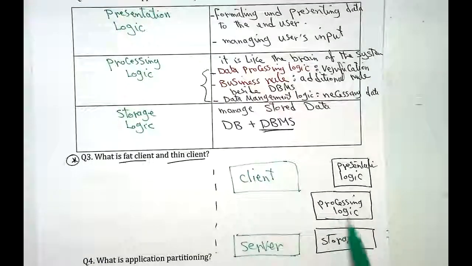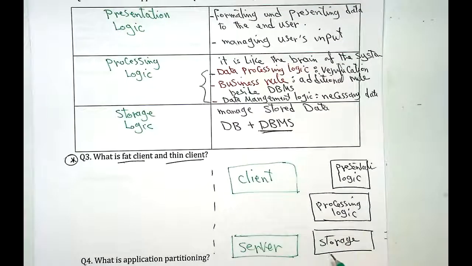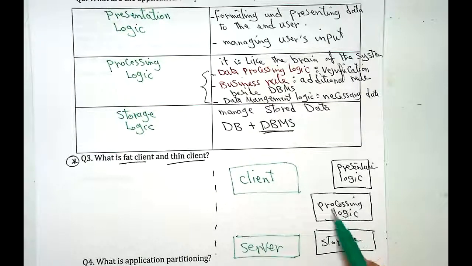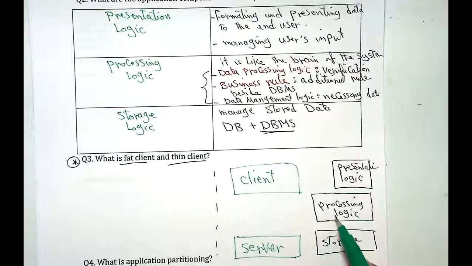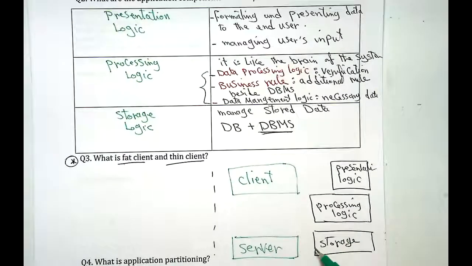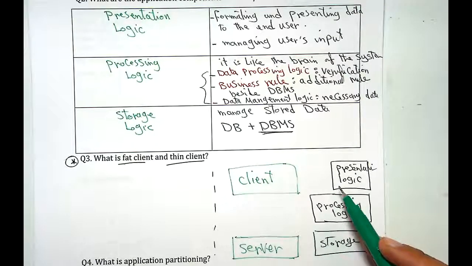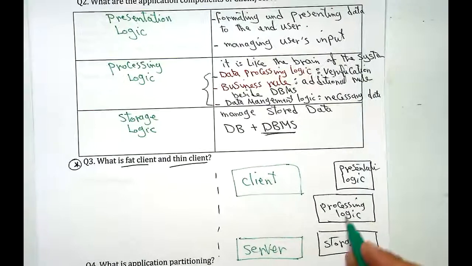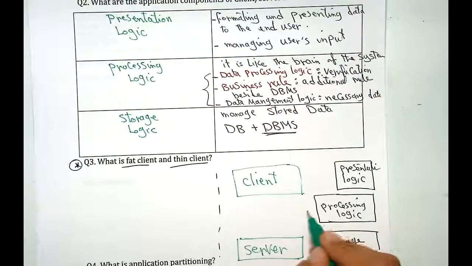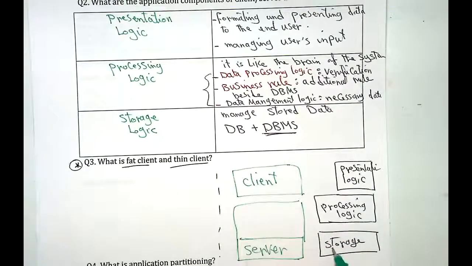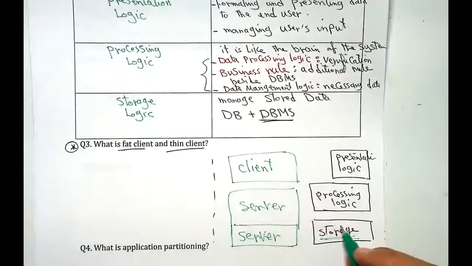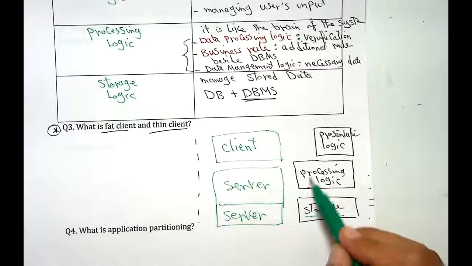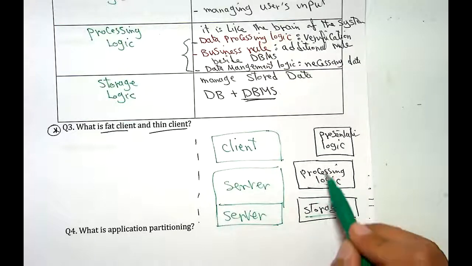What about processing logic? The decision maker, the mind of the system. Is it on the client side or the server side? What do you think? Well, it can be on the server or it can be on the client. So if processing logic is on the server side, the server will have the storage, the database, and it will have the routine, the code that does the processing and decision making.